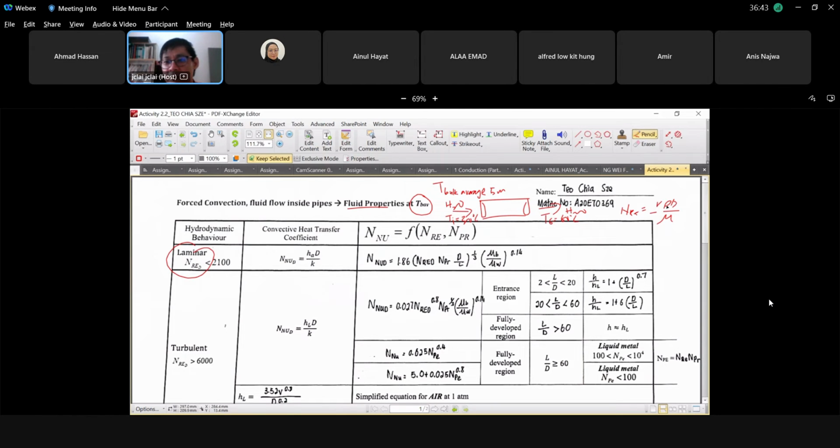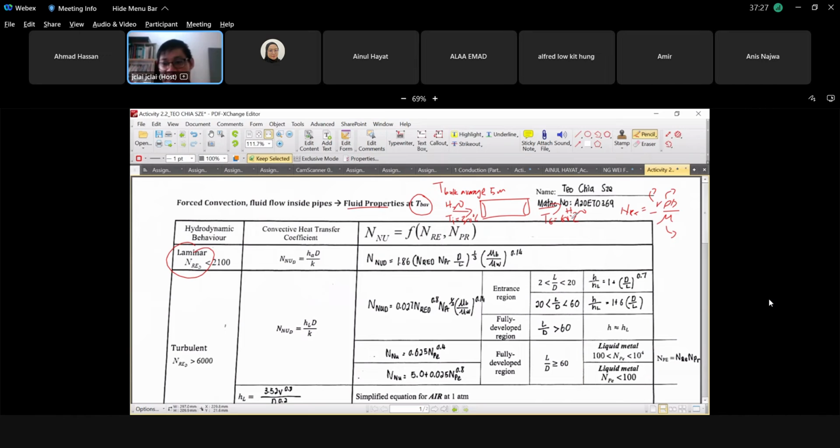D is diameter, rho is the density of the water, V is the velocity of the water, and mu is viscosity, right? So all these are physical properties of water, and they depend on temperature. Rho depends on temperature, mu also depends on temperature. But the problem is, there are two temperatures here. It enters at 30, it exits at 60. Then which temperature to take? You want to refer to rho at which temperature?